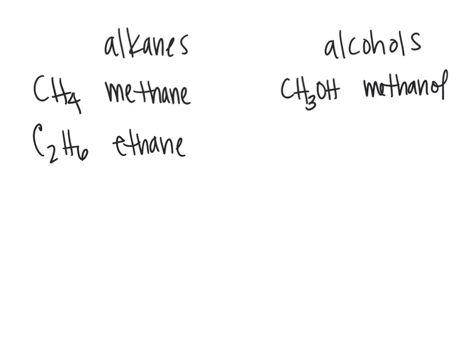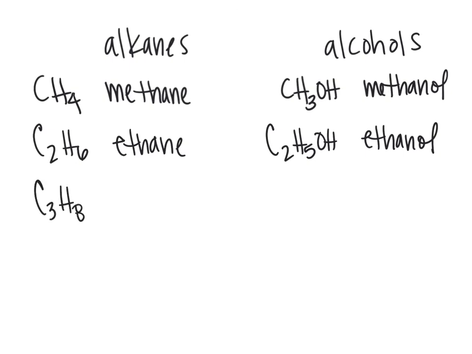When ethane gets an alcohol group on it, we get C2H5OH, and this is ethanol. So propane, C3H8, can become C3H7OH. And that is propanol.